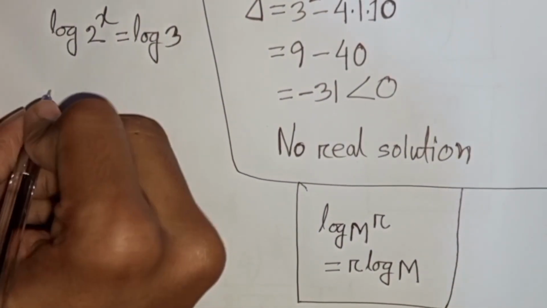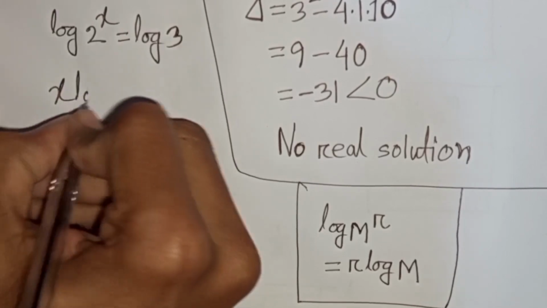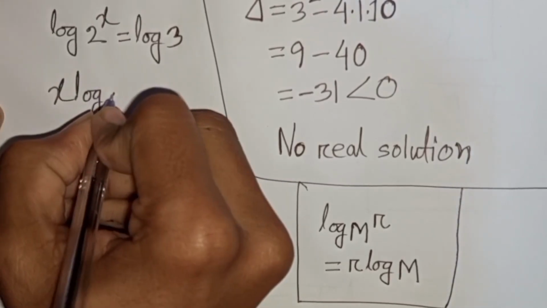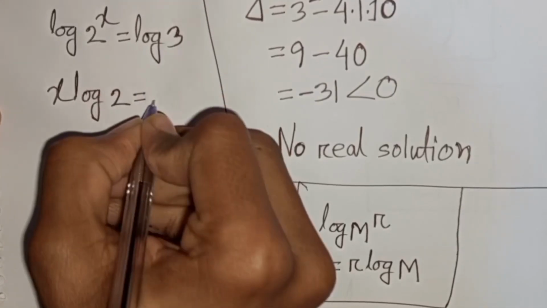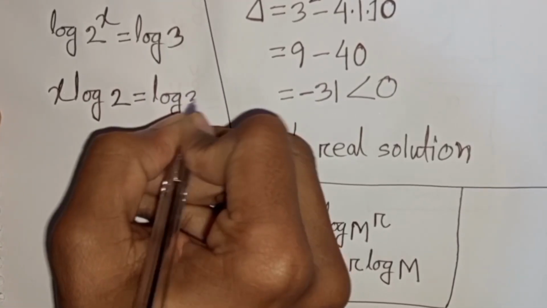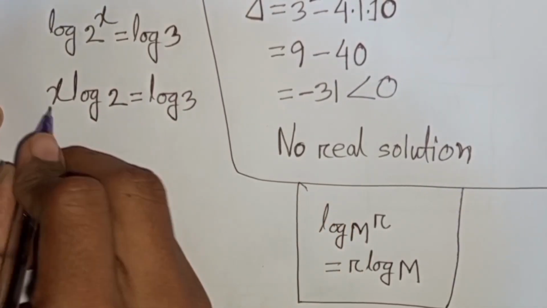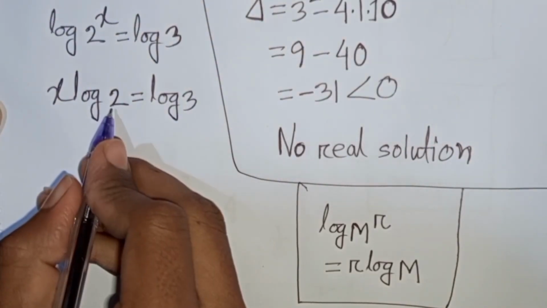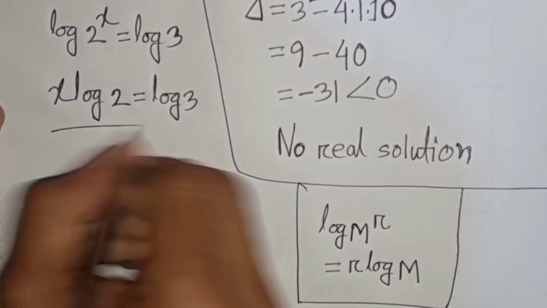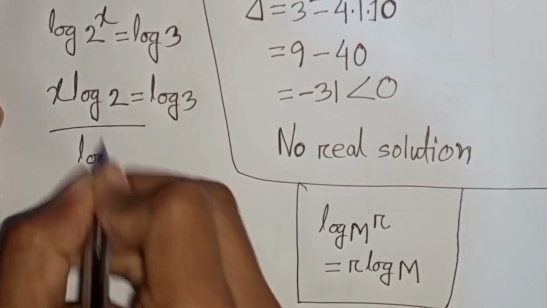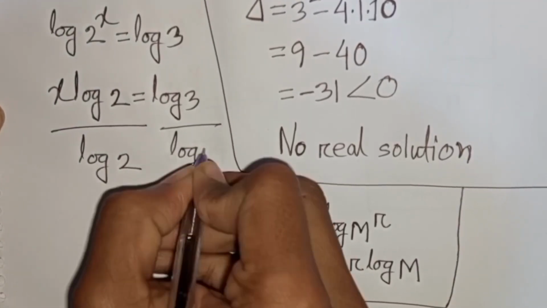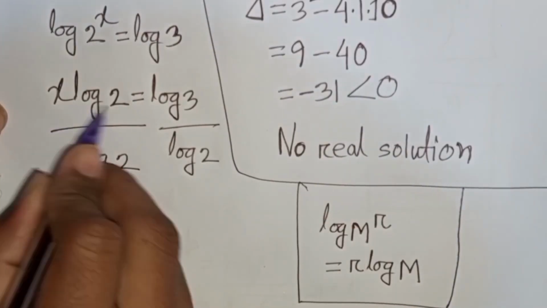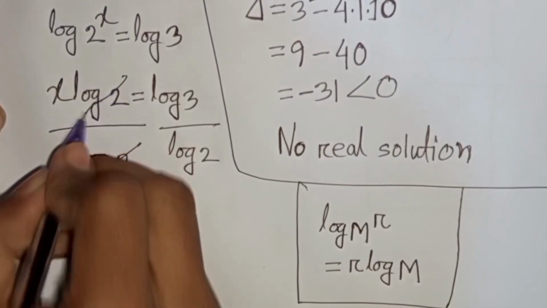So you can write here x log 2 is equal to log 3. Now we need the value of x, so we divide by log 2 on both sides. Now we see this log 2 will be cancelled.